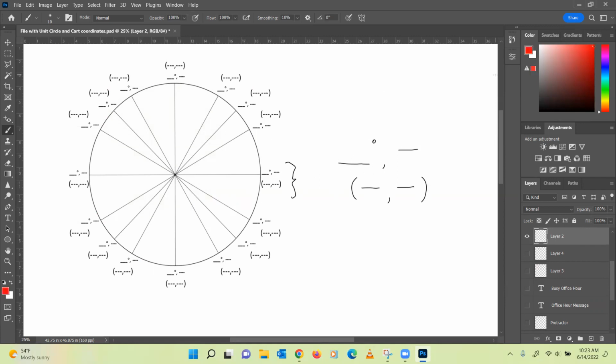Okay, so what we will do is put the degree measure in this box, and then we will put the radian measure next to that. And down here, this is the XY coordinate of the point at the end of that radius.